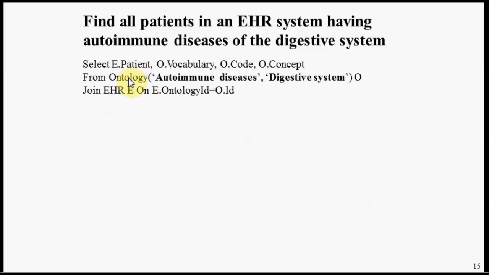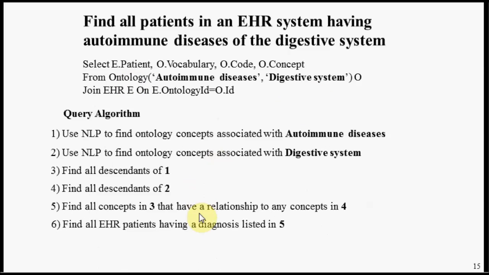Now this ontology thing is really a user-defined function. Rather than showing you all of the joining to the soft schema tables I talked about earlier, I'm going to show you the underlying algorithm implemented by this user-defined function, which is the following.